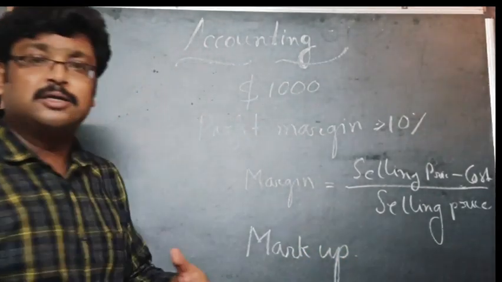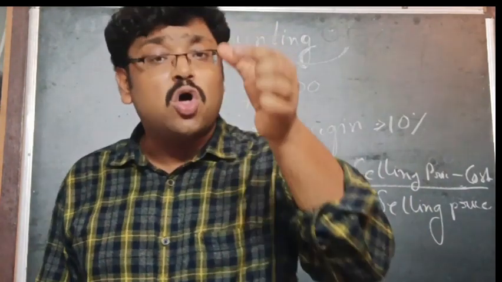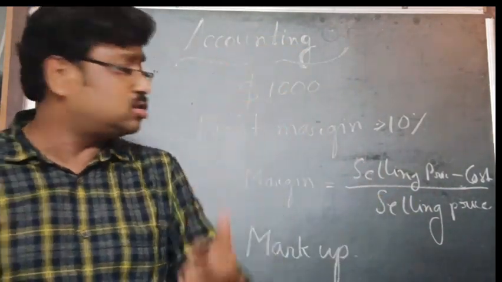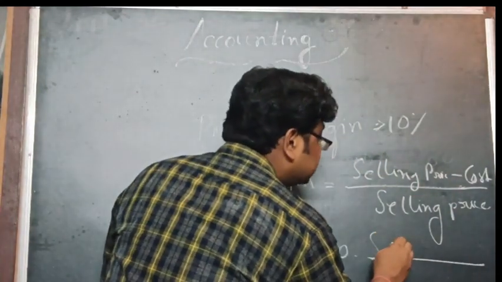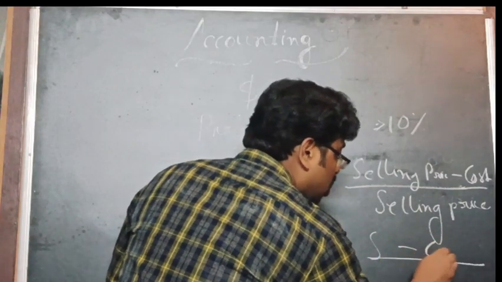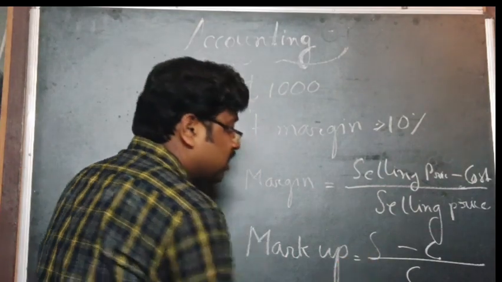Markup is nothing but the profit per unit of cost. It is the selling price minus cost, divided by cost. This is the markup.